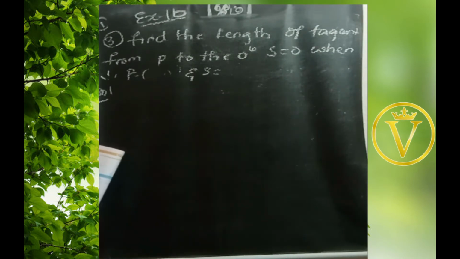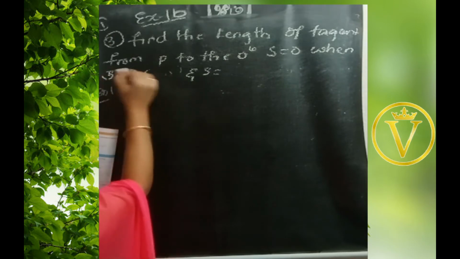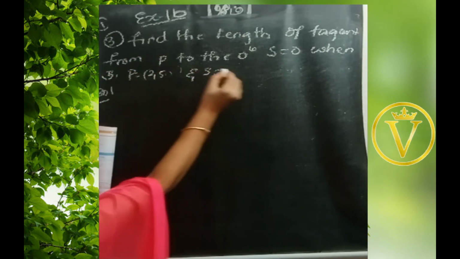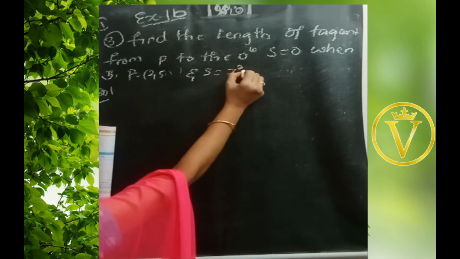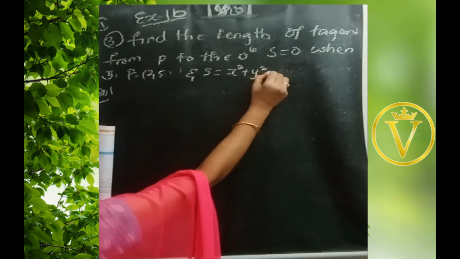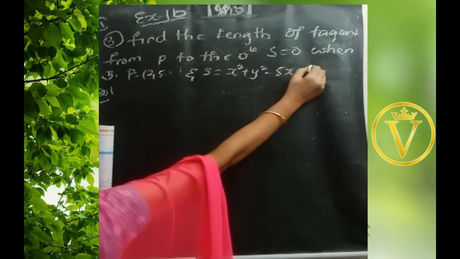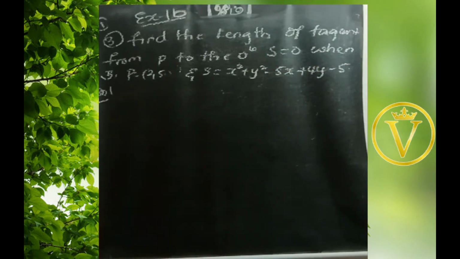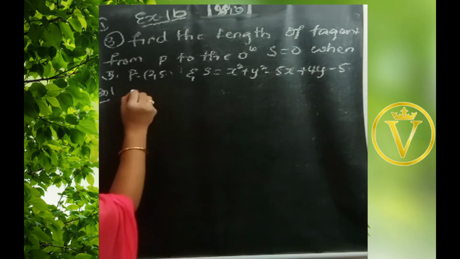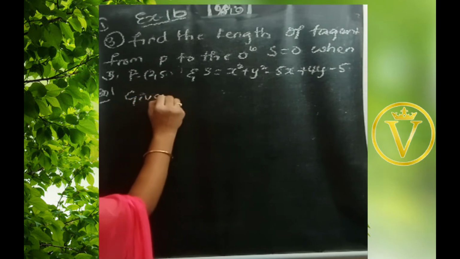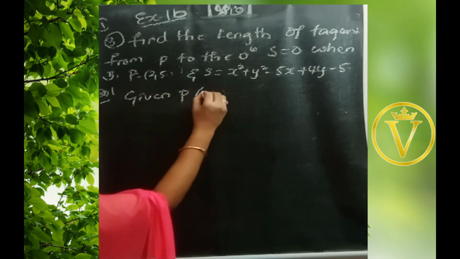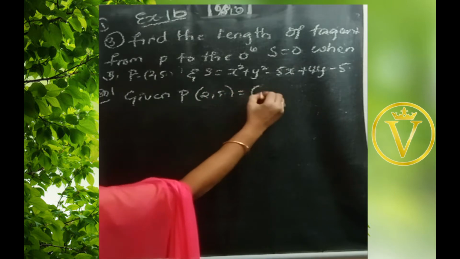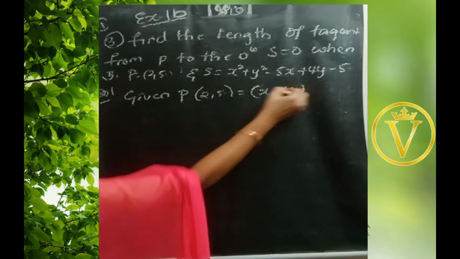So our third problem is 2 comma 5, and S is x square plus y square minus 5x plus 4y minus 5. Same as before. First the given point: P is 2 comma 5, that is x1 comma y1.